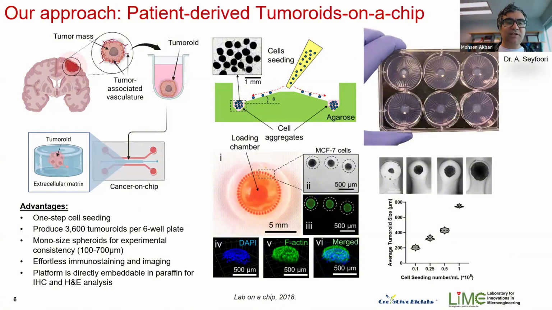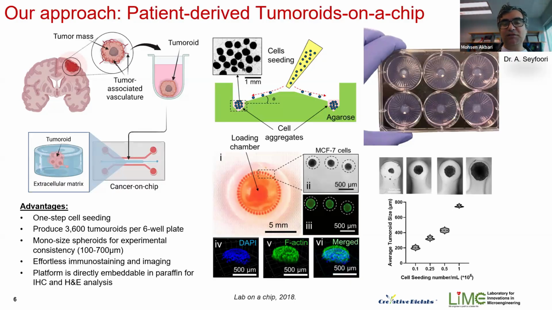So it's a one-step seeding process, no need to remove the excess cells, because the body of this Tumoroid-on-a-Chip insert is made out of a hydrogel, and then it can directly be embedded into paraffin for immunohistochemistry or histopathology analysis.